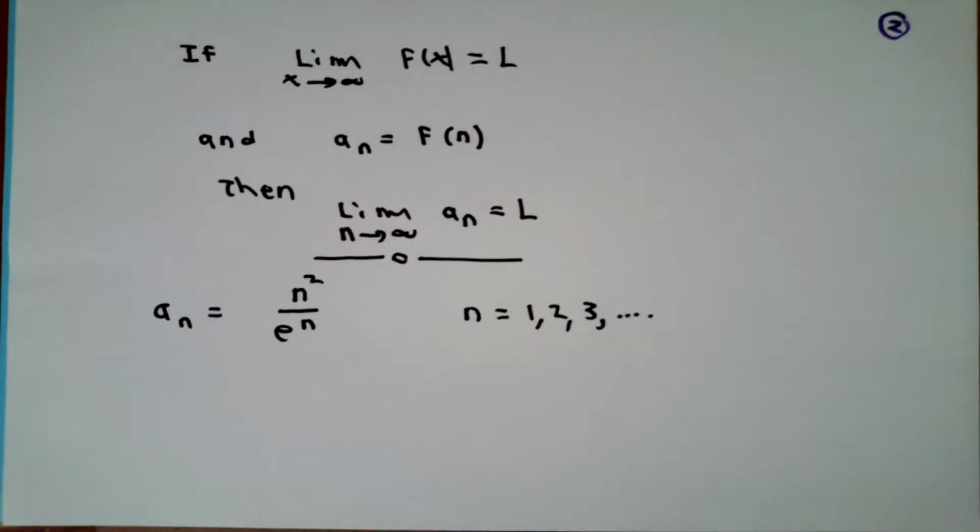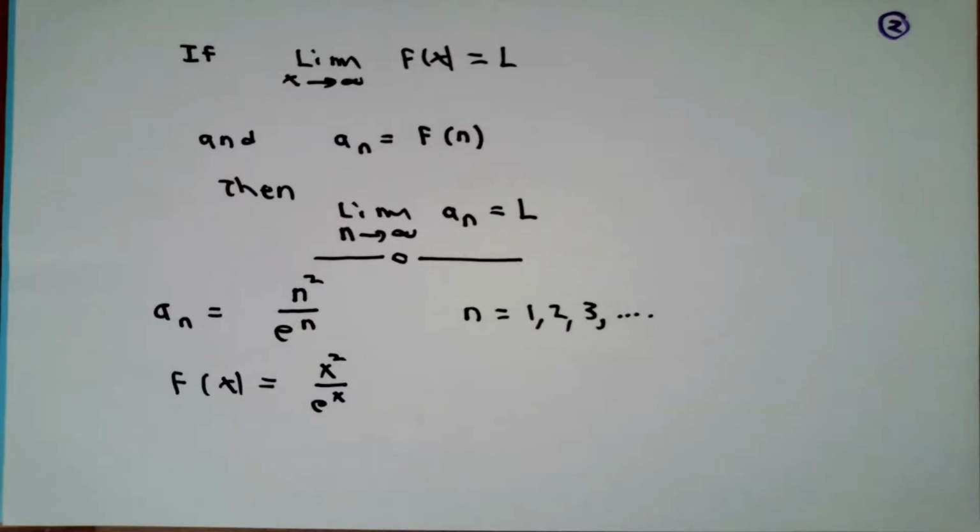For example, a sub n could be n squared over e to the n, but only at n equals 1, n equals 2, n equals 3, and so on. If I want to know how this behaves when n becomes very large, and I want to use my ordinary calculus techniques on it, I need something that I can do differentiation and maybe integration to.